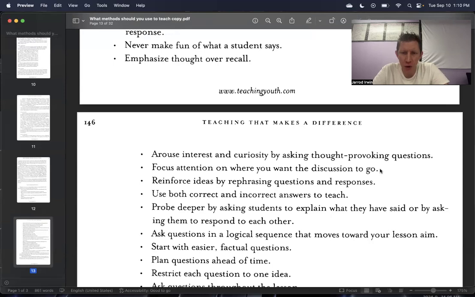Focus attention on where you want the discussion to go. So you're asking a question with a specific point or destination in mind. Do you ever feel like it's not a cop-out? Nope. But you do it well. I mean, you steer the group. I don't even know how much credit I can take for that.